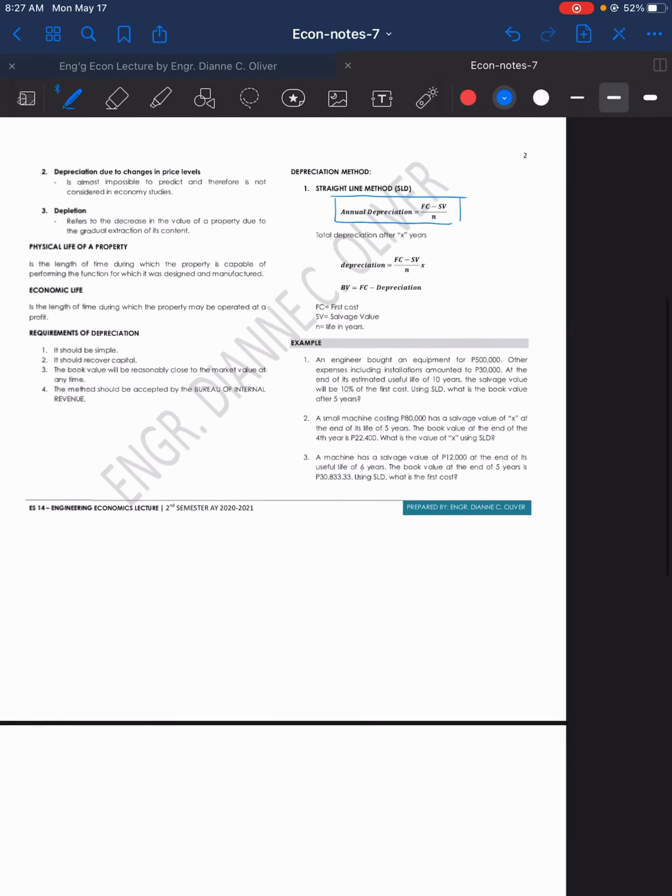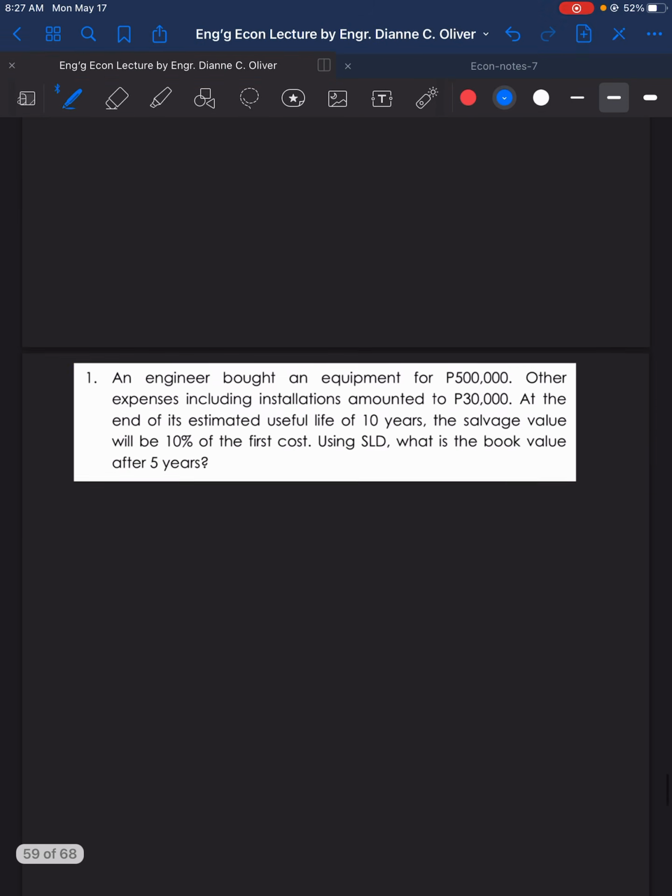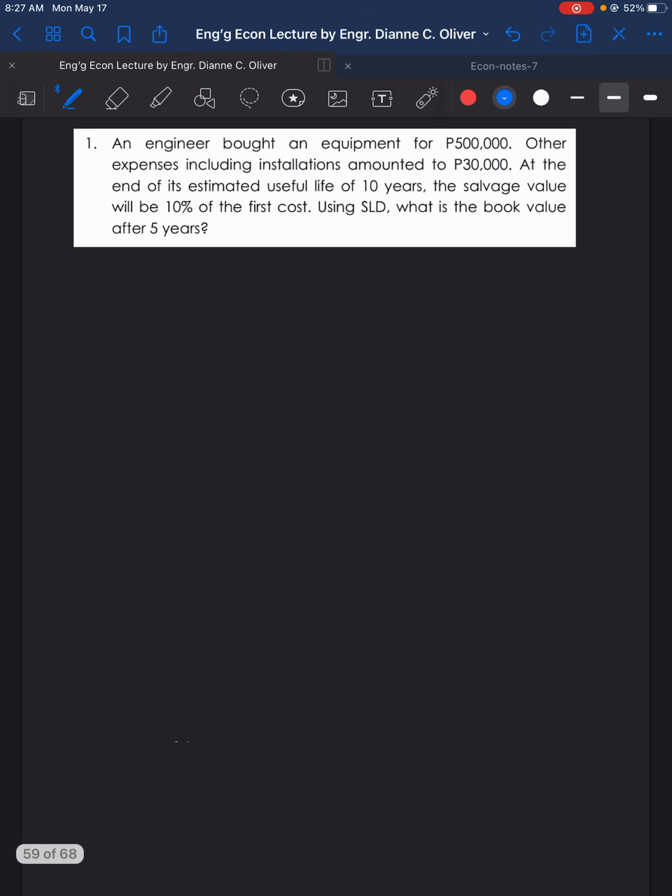So, for the examples, number 1, an engineer bought an equipment for 500,000 pesos. Other expenses including installations amounted to 30,000 pesos. At the end of its estimated useful life of 10 years, the salvage value will be 10% of the first cost.